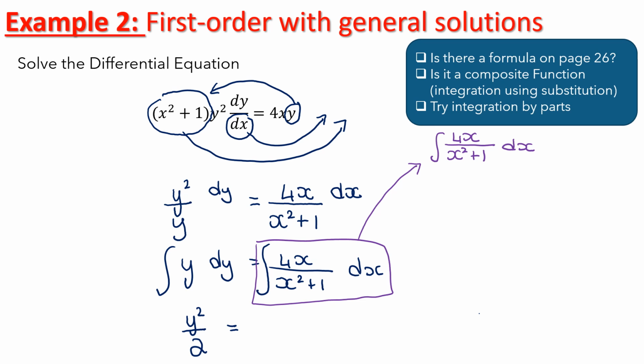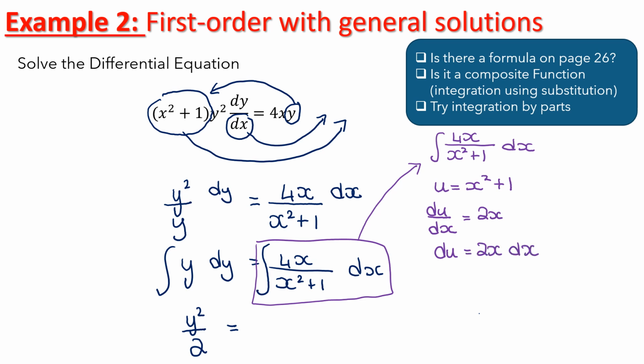The thing we want to sub in is generally going to be the more complicated piece. So we have a 4x and we have an x squared plus 1. So I'm going to let u be x squared plus 1 because it is more complicated. That gives us a du dx of 2x, which gives us a du of 2x dx.